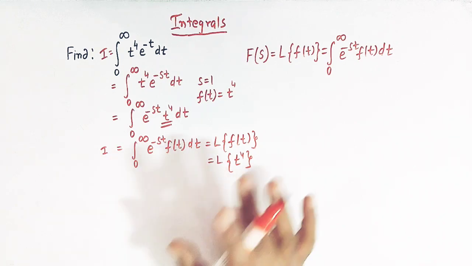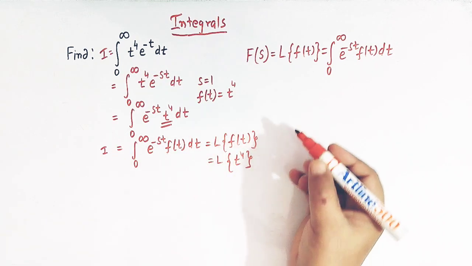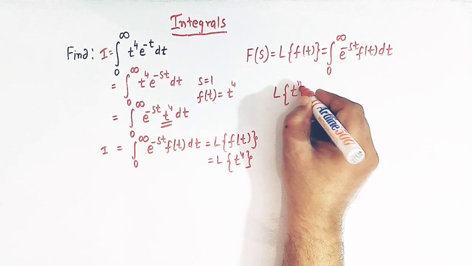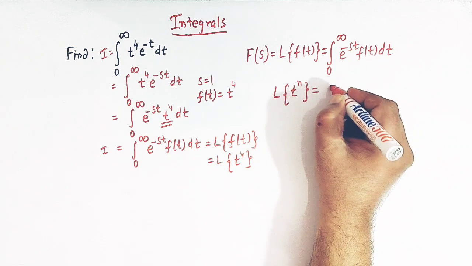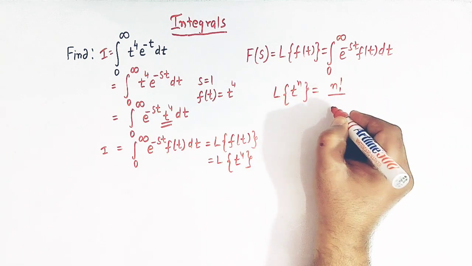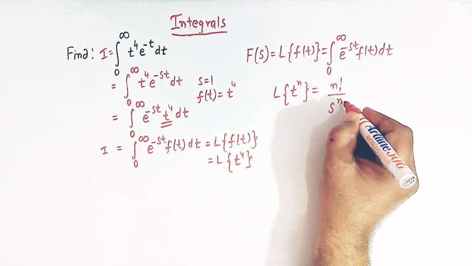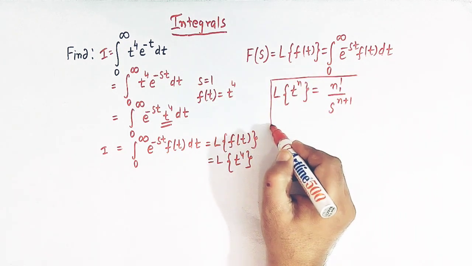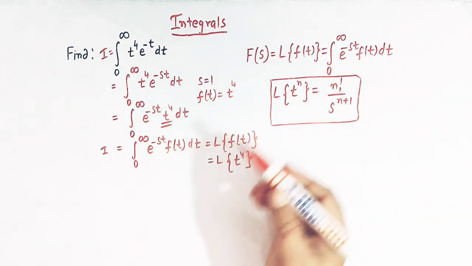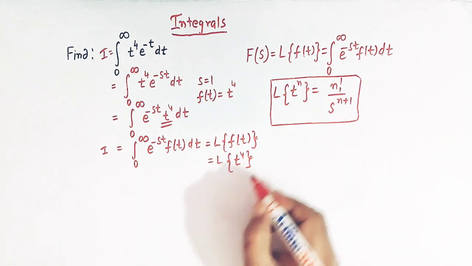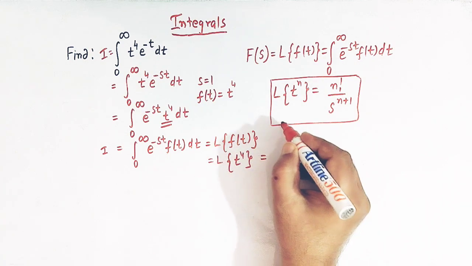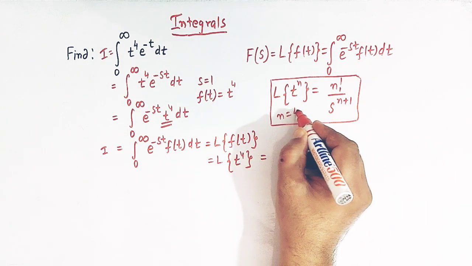For this we will use a standard result: the Laplace transform of t raised to n is given by n factorial divided by s raised to n plus 1. This is a standard result from Laplace transforms. Here we have t raised to 4, so the value of n is 4.